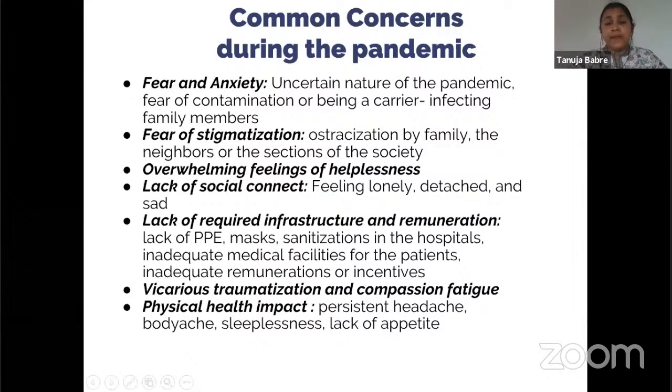Of course, at the same time, consistently being exposed to narratives of misery or helplessness leads to a lot of vicarious traumatization and compassion fatigue.